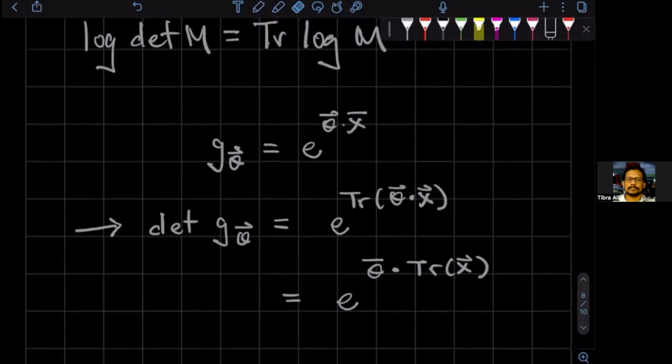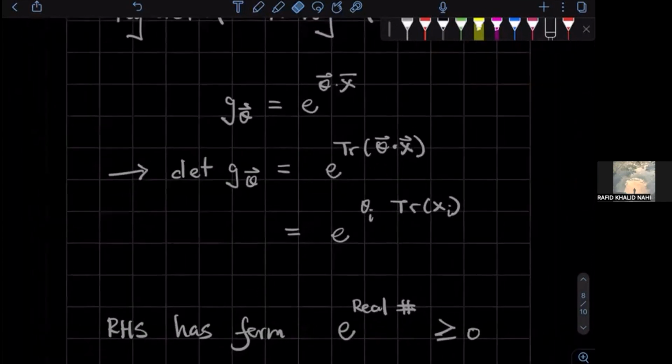Right, so if I go back, maybe what I should have done is write this as theta i trace of x i. Now here, the dot should not be there. Yeah. Okay, yeah, thank you very much.